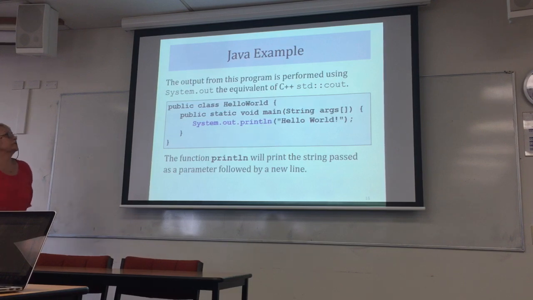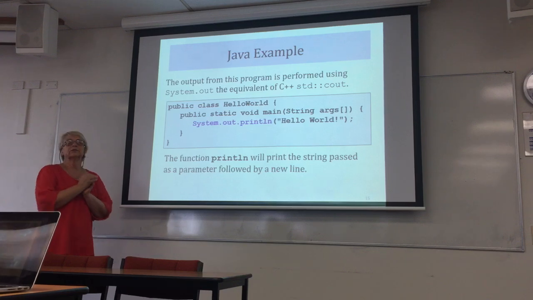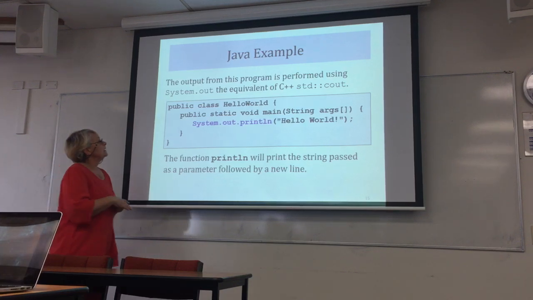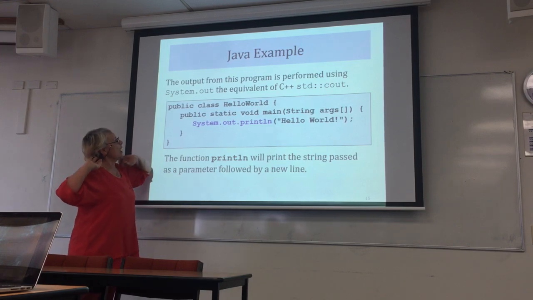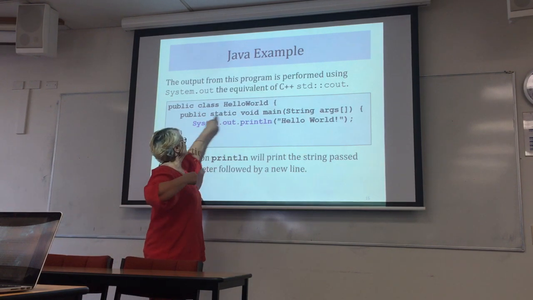As for output, we will only talk about output associated with the standard output device. How to do output to files is not covered because we don't have time, but you can work with files as well, using different tools. In order to do output to the standard output, you will use System.out a lot.